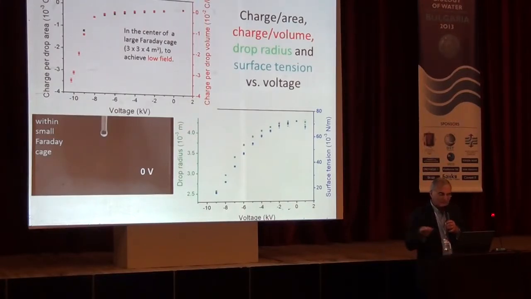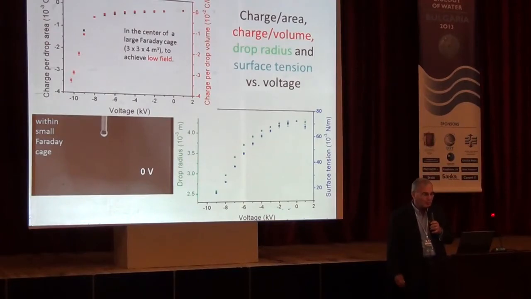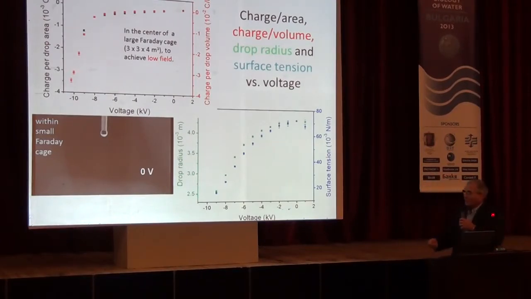Oh, sorry, had to change the computer, the movie will not go. But what this movie shows is how the drop shape changes with the potential applied. We start with drops, they get elongated, and at 7,000 volts, we have a stream of water, no further drops. We can measure charge per drop, depending on the applied potential, charge per volume.